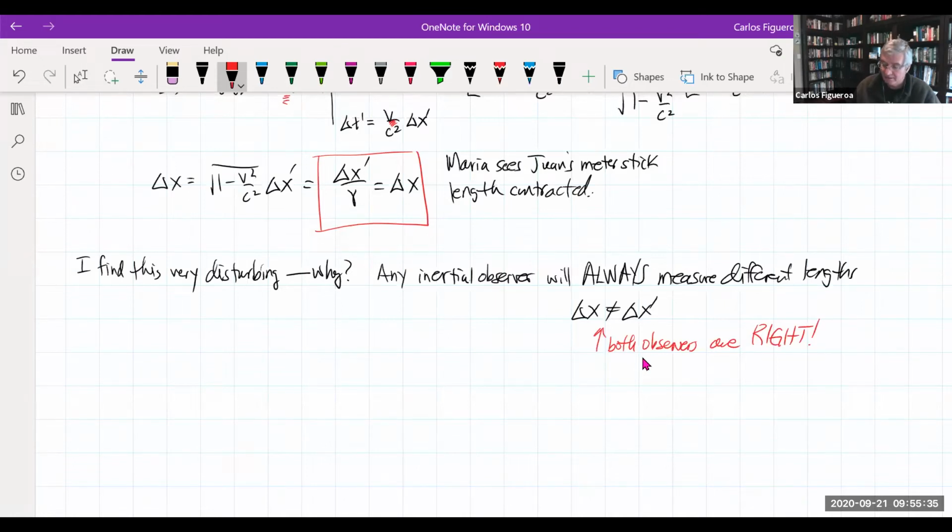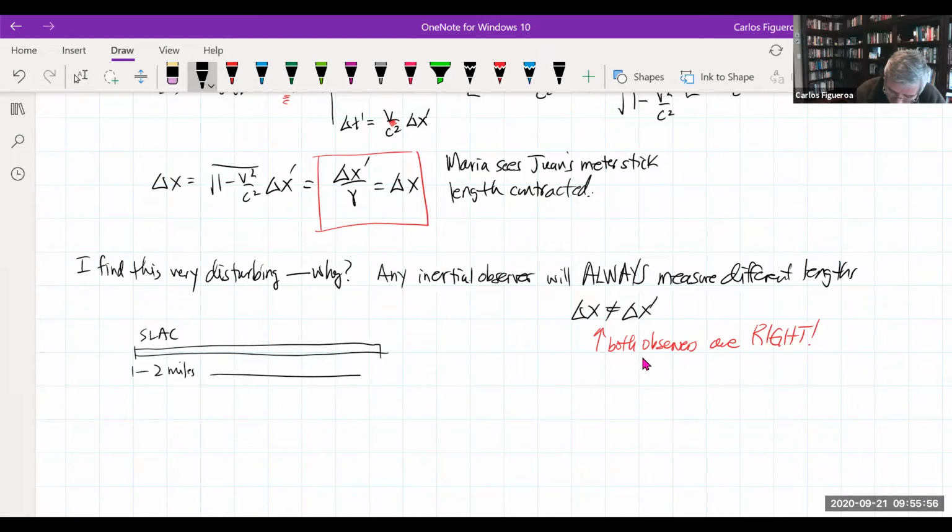And like I said, this is something that has hounded me for decades. I cannot tell you how many times I've said this before: if I look at the accelerator at SLAC, it's 2 miles. Here I am running along this thing, and I'm saying, yeah, I just ran 2 miles.